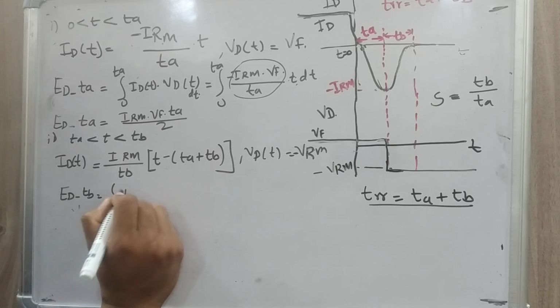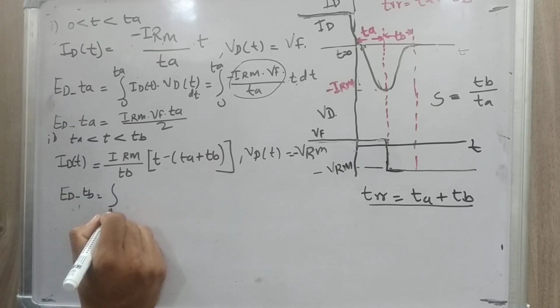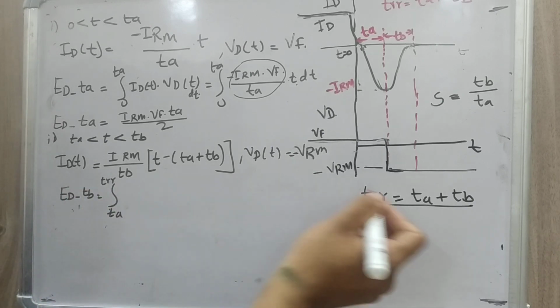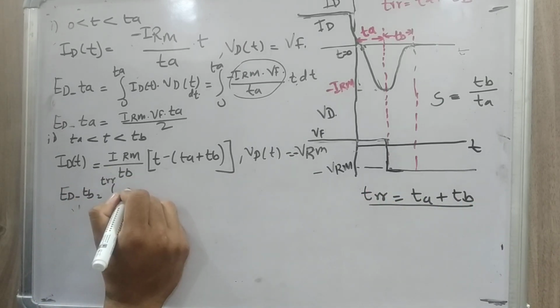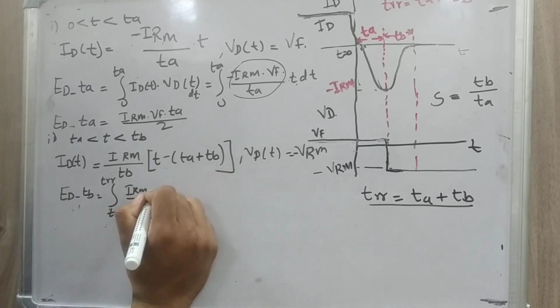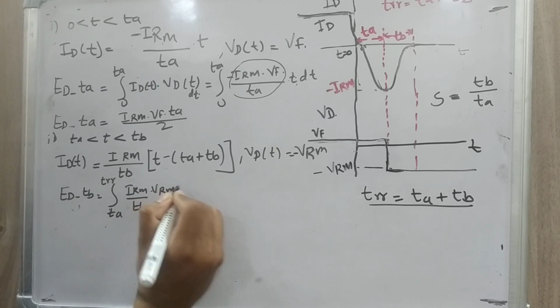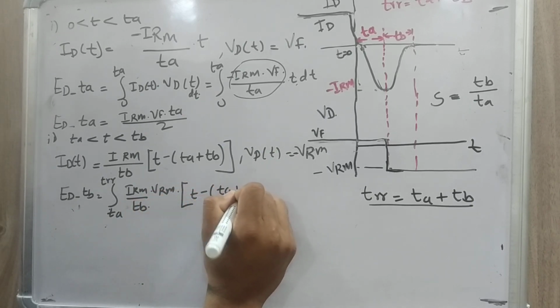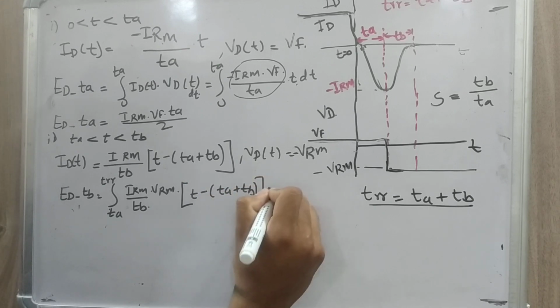Now the energy lost during TB is the integration of VD of t into ID of t, right? So it will be the integration from TA to TRR, where TRR is again TA plus TB, of IRM upon TB into VRM into (t minus (TA plus TB)) dt.